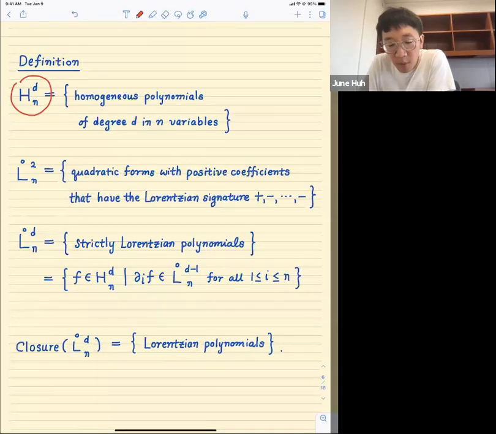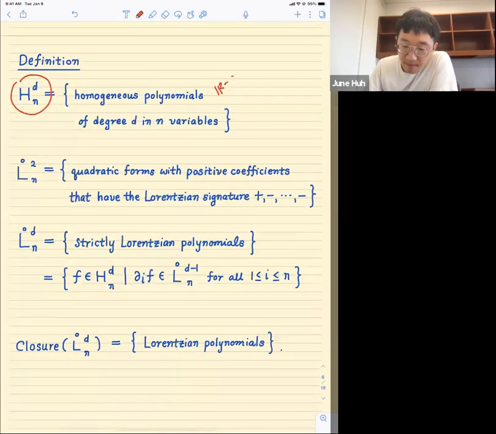This is the set of homogeneous polynomials of degree d in n variables with real coefficients. So I'm talking about a finite dimensional real vector space, and all the actions will happen in this vector space. And I'm going to start by considering the case d equals 2.